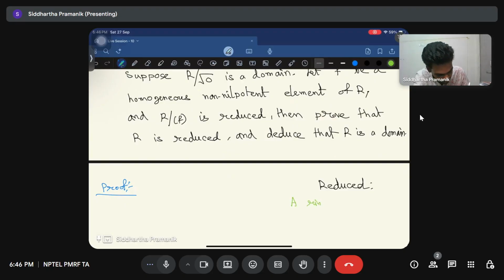A ring, let's say S, is reduced if its nilradical is 0. That means S has no non-zero nilpotent element.